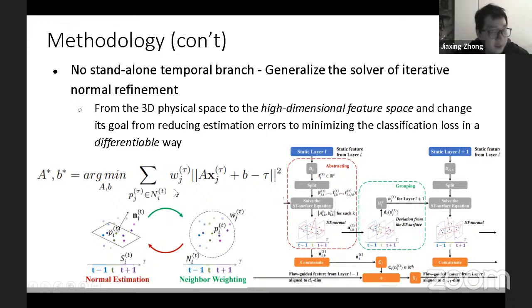W is the weight from the network. For example, some points in the calculation we will put a very high importance. It is the model that sets a large value of the W.